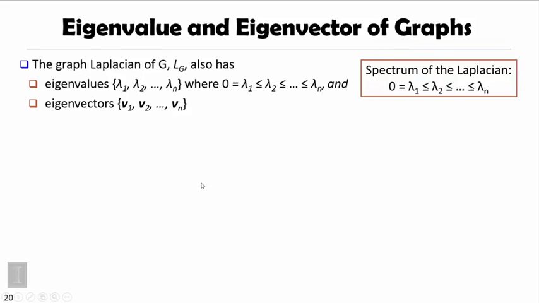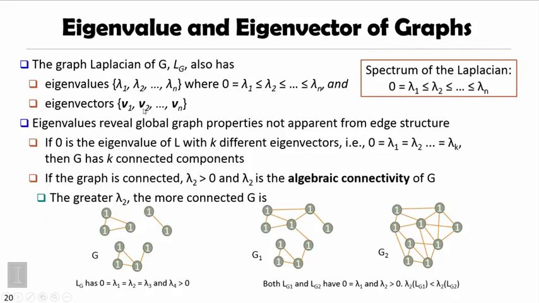If this is 0, you get the spectrum, that is, the eigenvalues and eigenvectors. The eigenvalues reveal a global graph property which is not apparent from the edge structure itself.